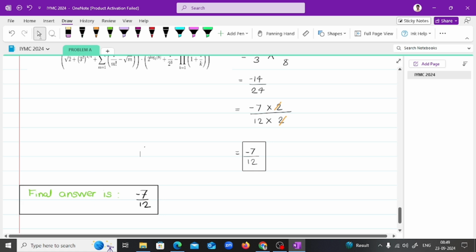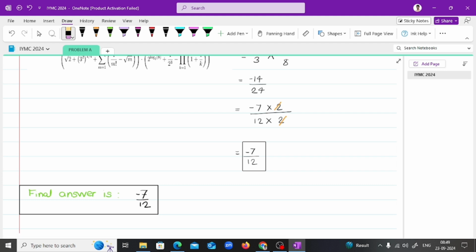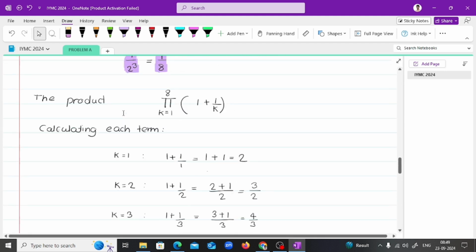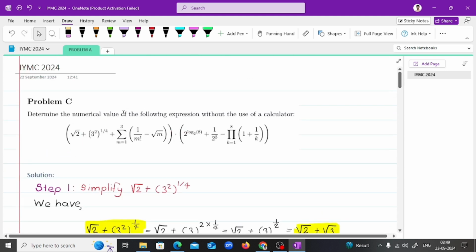So in this way we have solved problem C from the IYMC qualification round, which was to determine the numerical value of the expression without the use of a calculator.